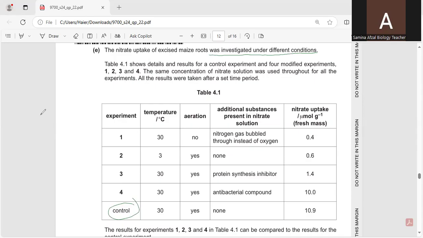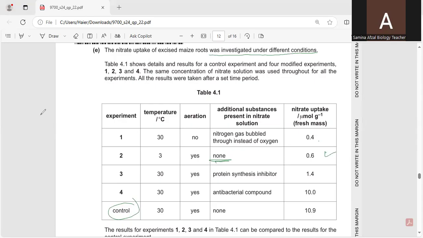As for the additional substance present in the nitrate solution, nitrogen gas was bubbled through instead of oxygen in experiment number 1, and nitrate uptake was 0.4. In 2, there was no additional substance present in the nitrate solution, and the nitrate uptake was 0.6.